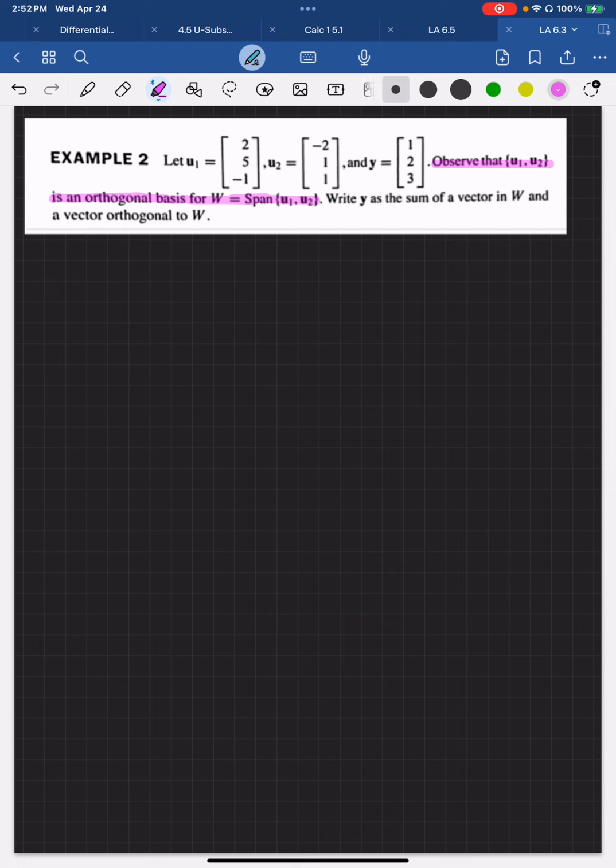Our goal is to write y as the sum of a vector in W and a vector orthogonal to W. So this is much easier since we're not dealing with, say, fifth dimensional space, but you'll be able to see what the Z1, Z2, all of this really means. But let me state the goal.